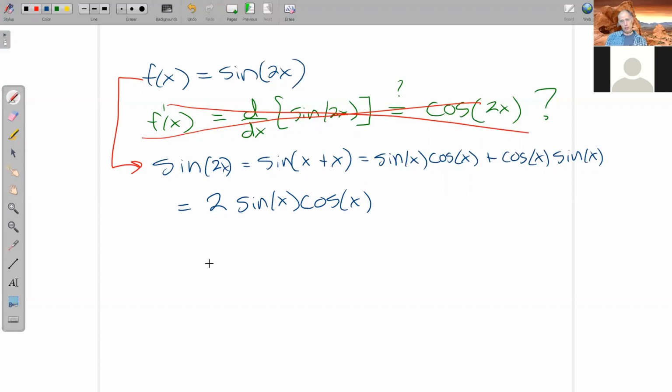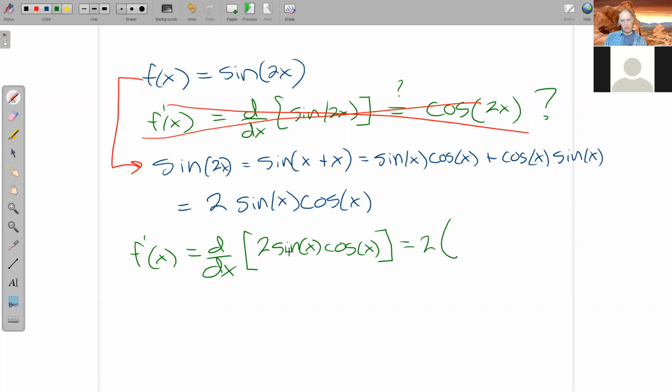Now this I know how to take the derivative of, so let's do it. So the derivative, let's switch to green. So f prime of x now can be done by taking the derivative of 2 sine of x, cosine of x. And 2 is a constant, so that just stays out front. And then I apply the product rule. The product rule says take the derivative of the first function, derivative of sine is cosine, multiply by the second function.